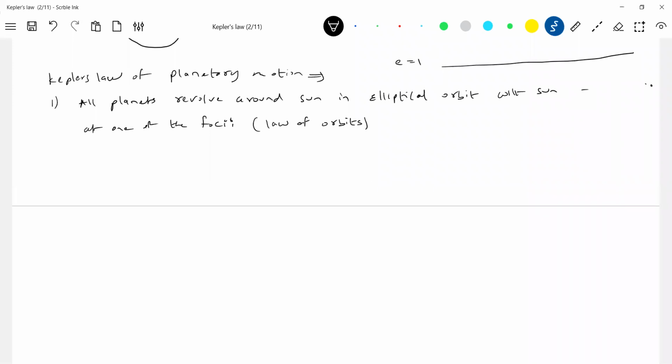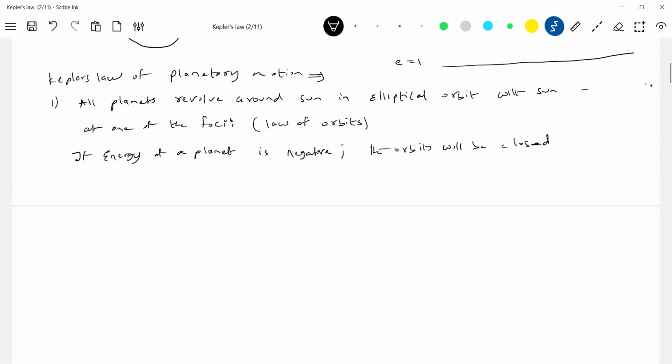Now, what are the orbits here? What is the condition? If the energy of the system is negative, then the planets are going to revolve in a closed orbit. So, if the total energy of a planet is negative, then the orbits will be closed.